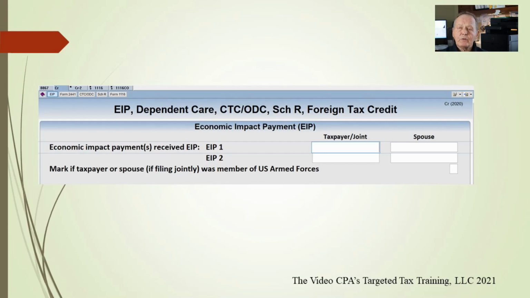And so you need to make sure that you put what you received in these boxes. Now, you're probably using TaxAct or TaxSlayer or TurboTax or some other tax software, and it's going to be a little bit different, but it should have an input form like this that allows you to input the stimulus payments that you received. Make sure you find that and you put that in. Your tax software is going to do one of two things.